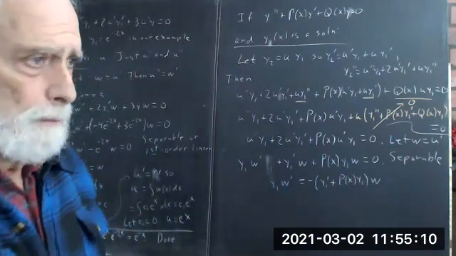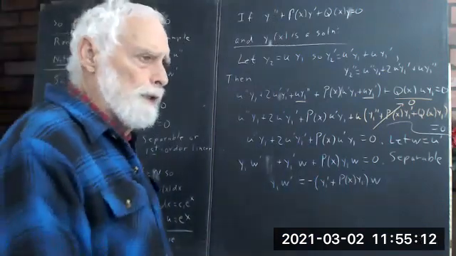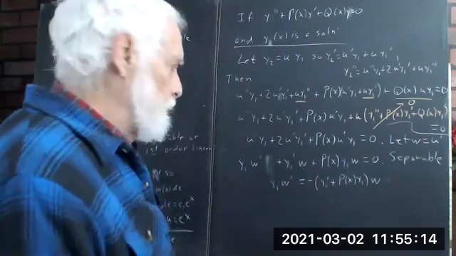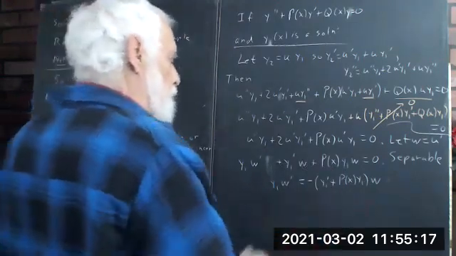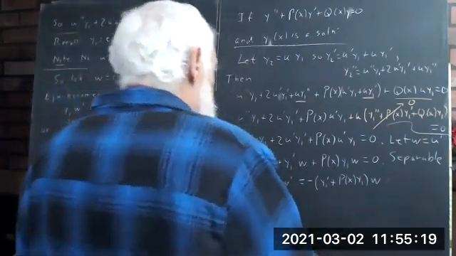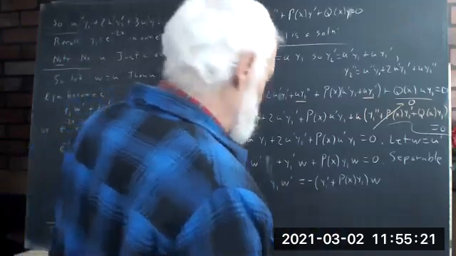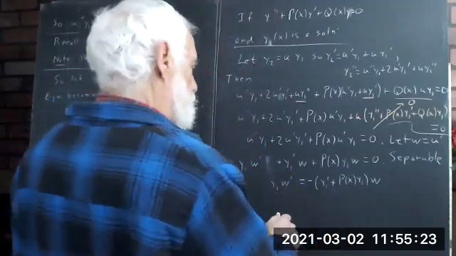And I'm just doing what you would do with any separable equation. Okay, so we have this. And then it's going to be convenient to have y1 in the denominator over here. So we just got w prime.